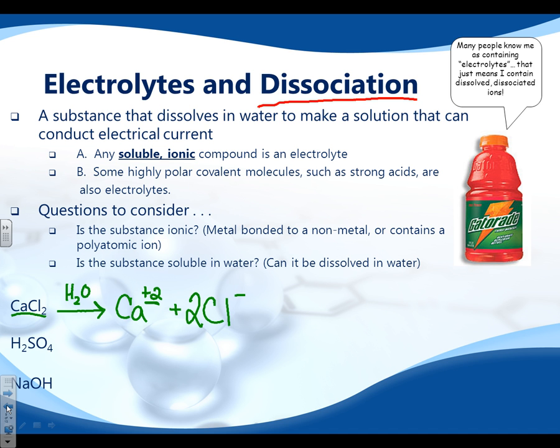So we've got a +2, a -1, right? So for that -1, we need 2 of them to balance the charge out. So you can simply look at the formula to figure out how many of each ion you're going to need. Because it is ionic and it is soluble, it will dissociate or break apart. And that is the dissociation reaction.